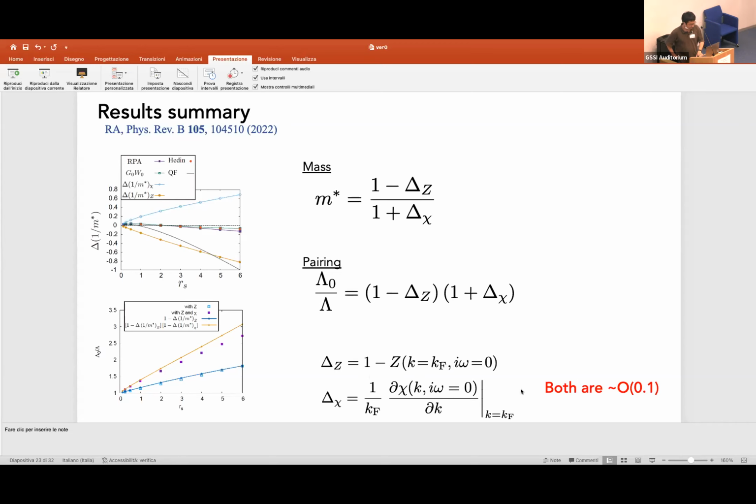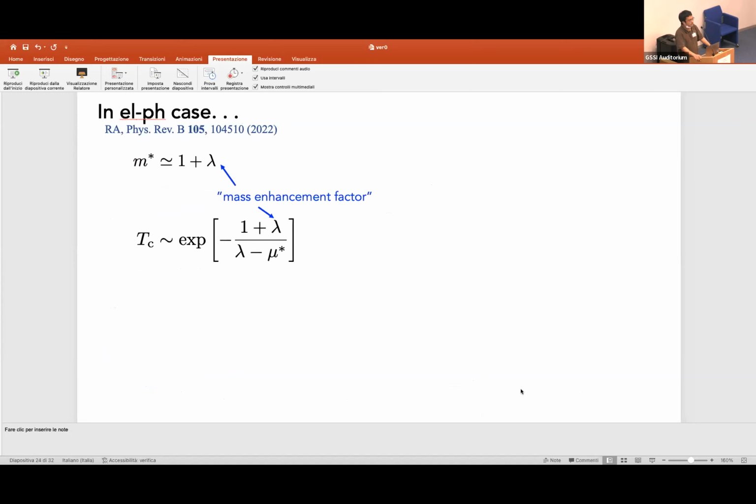So, actually, the departure of the two renormalizations is somehow non-trivial in the electron phonon world. When we only concentrate on the electron phonon interaction, probably many of you can remember the formulas for mass renormalization and the transition temperature like this.